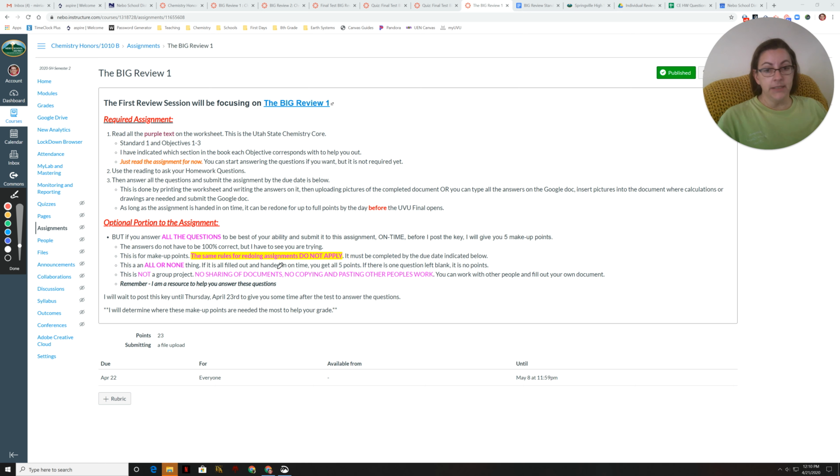This is the policy that I've had all year long: even if you don't get all the questions answered, if you submit it on time, you can always go back and redo it for up to full points, as long as it was originally submitted on time. If it's late, you cannot do that. And remember, I don't accept late work.